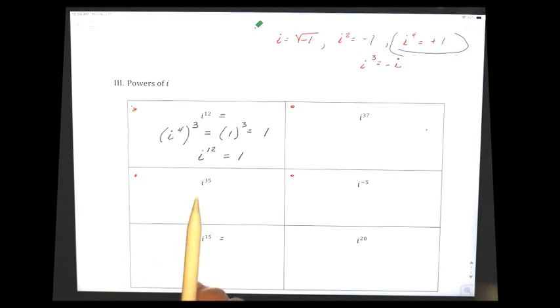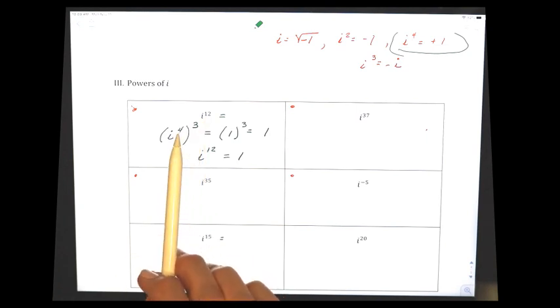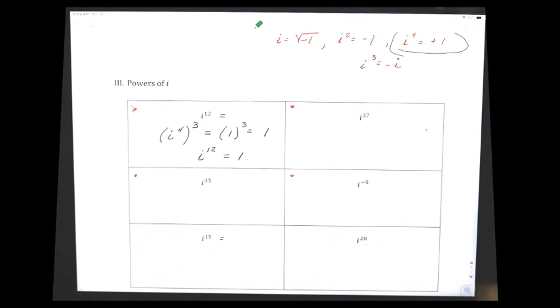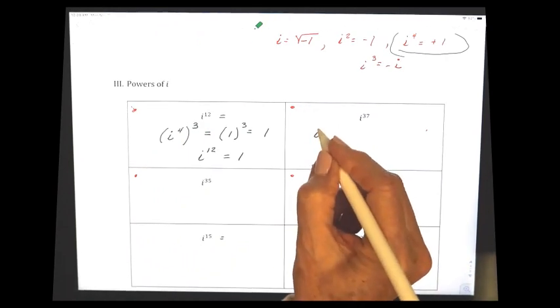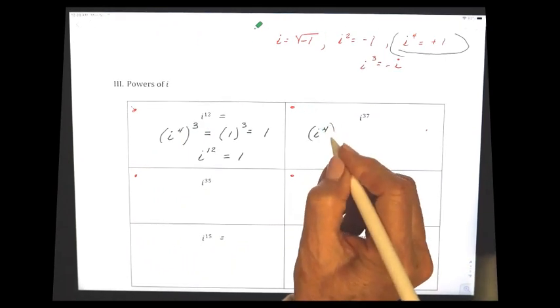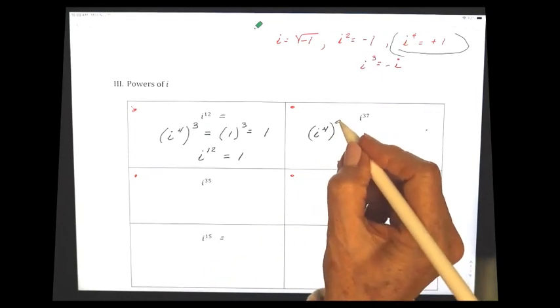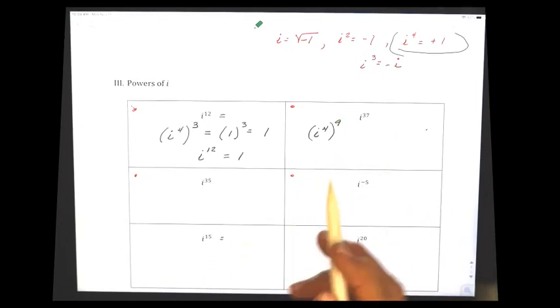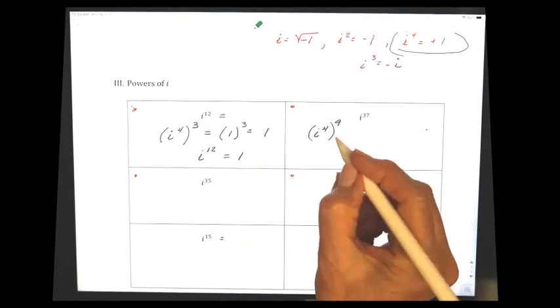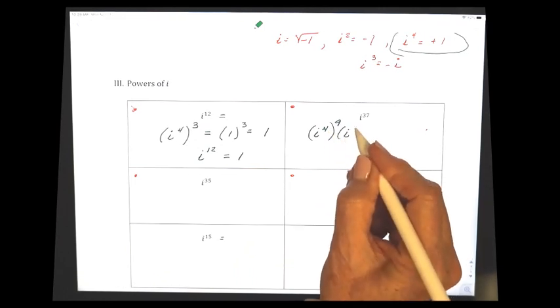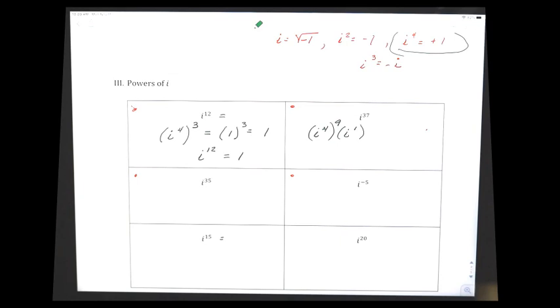So what if it's not a nice number that's divisible by 4? Let's try i to the 37th. Well, I'm going to write that i to the fourth, and let me think about what number I could use out here. If I go to the 9th power, that accounts for 9 times 4 is 36, and then I'll need one more factor of i to bring me back to i to the 37th.